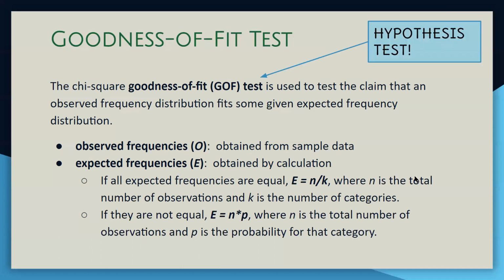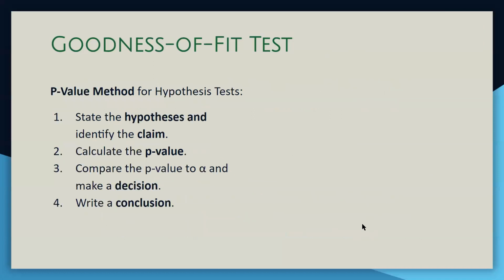This is a hypothesis test. So we're going to be using that same 4-step process that we used throughout all of week 5. So a quick review from week 5, we know the p-value method for hypothesis tests. The first step is we state the hypotheses and identify the claim.